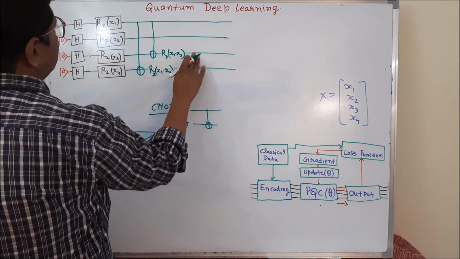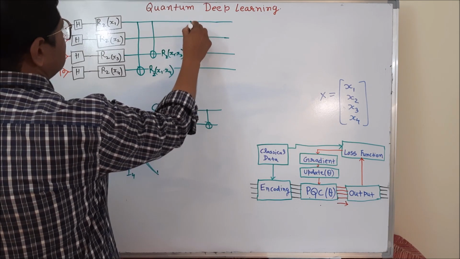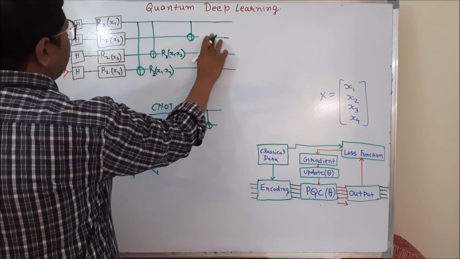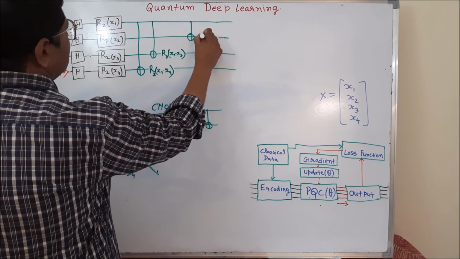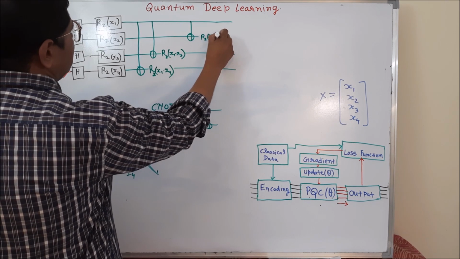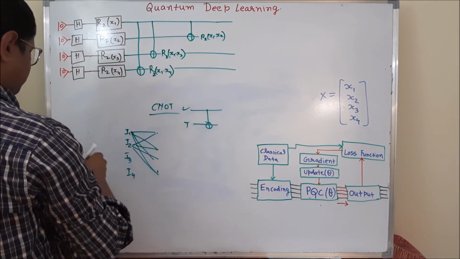Be careful when you are planning entanglement like this. Now the next entanglement we can plan like this, and again we change RZ, x1 dot x2. So these are the changes.